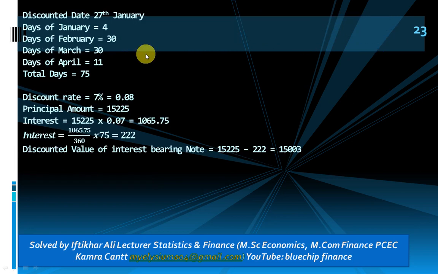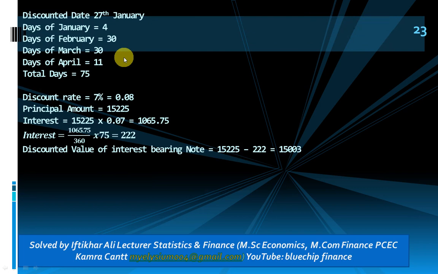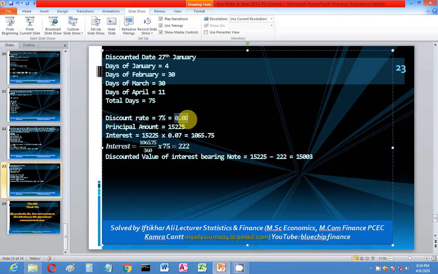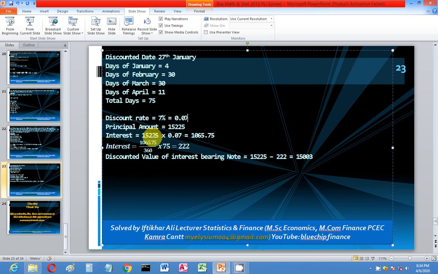Okay, now the discount rate is 7%, which is equal to 0.07. So the principal amount now is 15225, and the interest is simply 15225 multiplied by 0.07, so 1065.75.